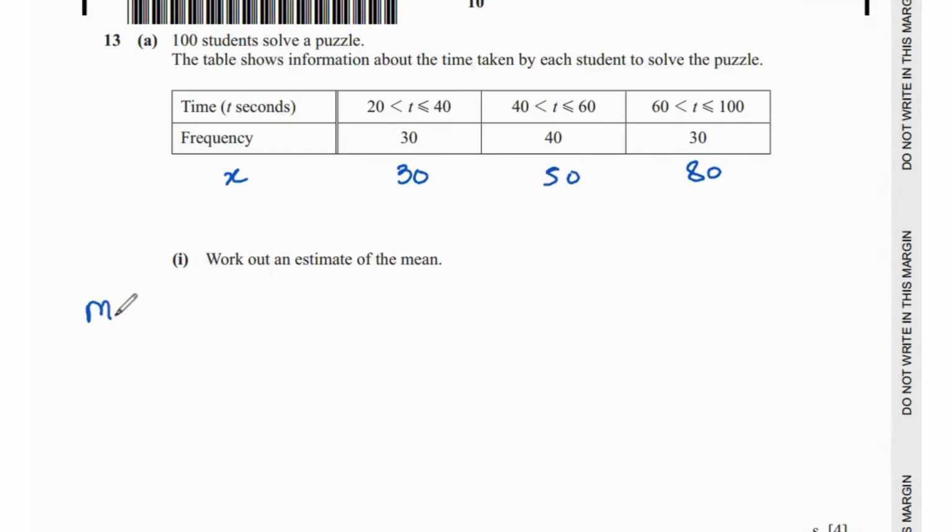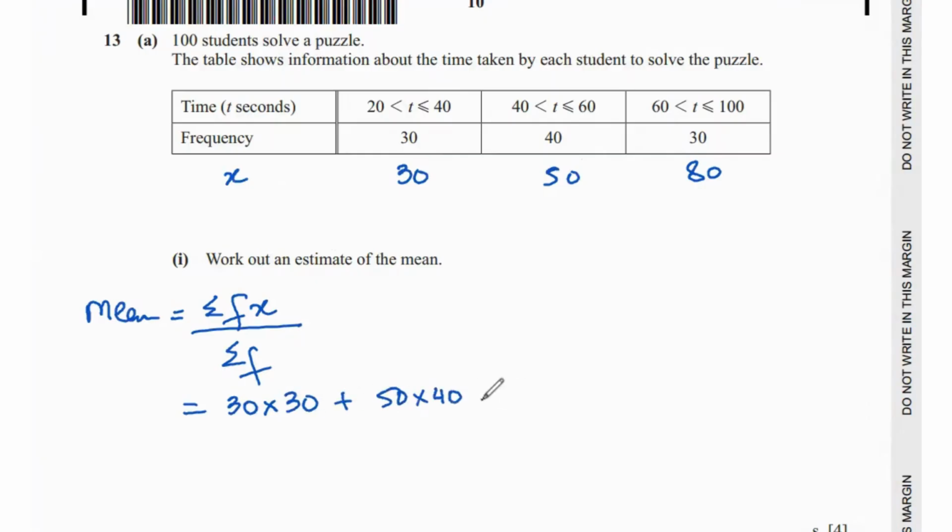For the mean, you find the sum of the product of frequency and the x values, the midpoint, and then divide by the sum of frequency. So that's going to be 30 times 30 plus 50 times 40 plus 30 times 80 divided by the sum of frequency, which is 100.